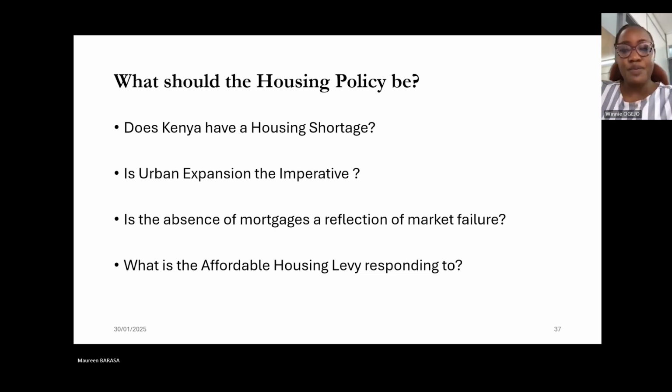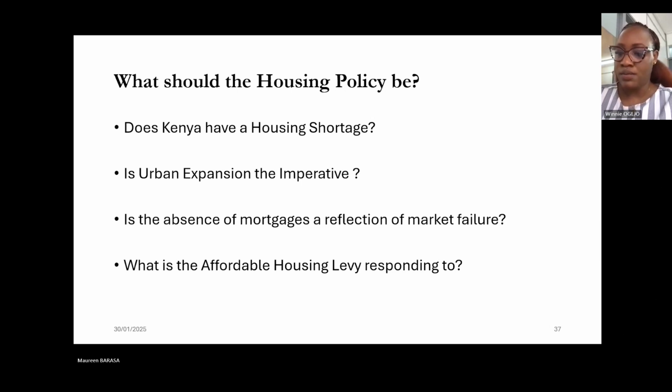Because if there's a problem in quality housing, then maybe it's an issue of the proper material for construction being too expensive for the common person to afford. And then what would the policy implication look like in that kind of sector?